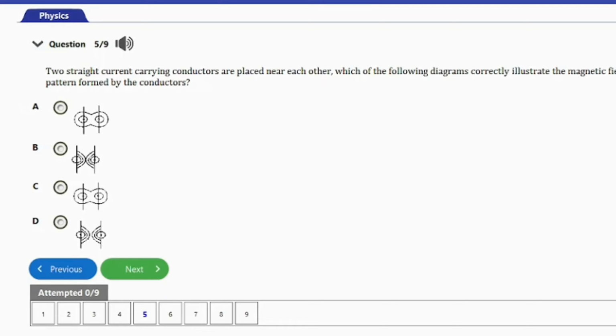So guys, looking at this, the magnetic field pattern that is formed by the conductors is that shown in option A. So option A is the answer to this question. When two straight current carrying conductors are placed near each other, they will form a magnetic field pattern as shown in option A. So that's it for this question. Let's go ahead and consider the next question, guys.